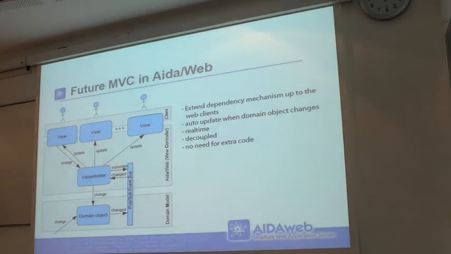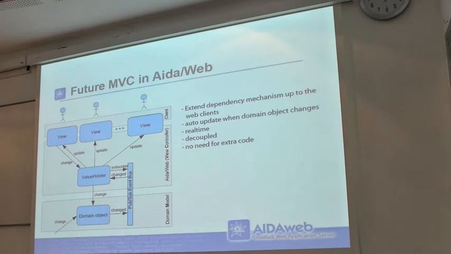Okay, future MVC in Aida Web. As I said before, we didn't have this stuff in web frameworks: the backlink. So when a domain object changed from some outside source, we didn't update our views.